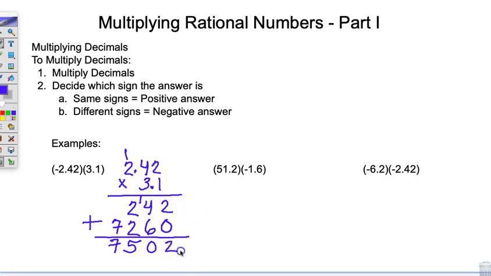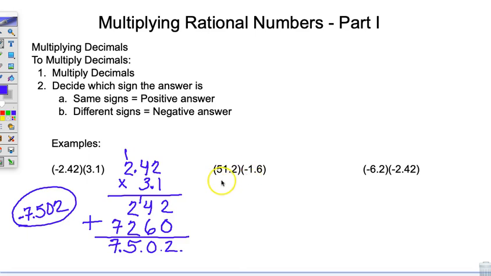So that means we're going to move the decimal from this far right over 1, 2, 3 place values. So our final answer is 7.502, and then we have to add a negative sign. And there we go. I'm going to circle that because a negative times a positive is always a negative.